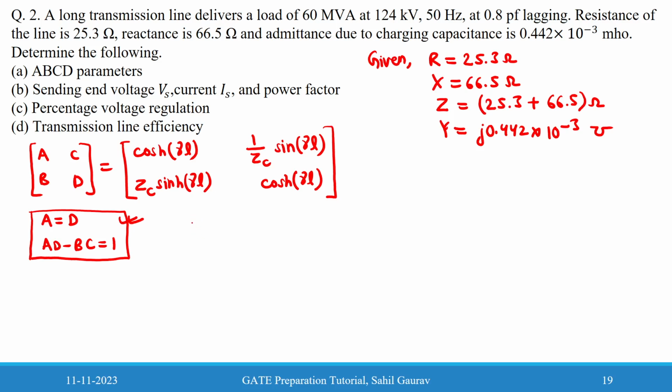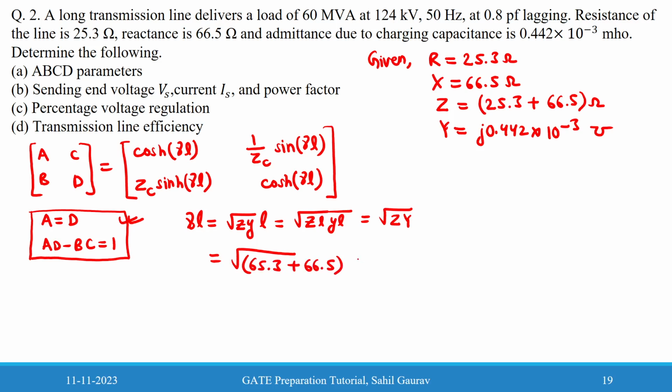So let us first find this γL, then only we can find the ABCD parameters. γL is the square root of small z into small y, into L. So take this L inside, so that it is converted into the total values, Z into Y. We are given Z and Y. So Z will be 25.3 plus j66.5, Y is j0.442 into 10 to the power minus 3.